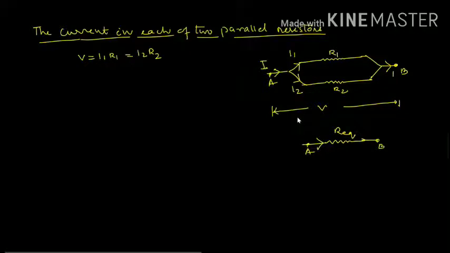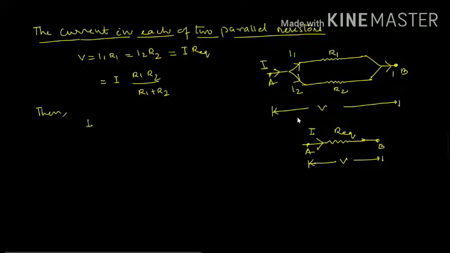The current flowing through R equivalent is I, and the potential difference between A and B is V. So this V is also equal to I R equivalent, which is equal to I R1 R2 by R1 plus R2. Then I1 is equal to R2 by R1 plus R2 into I.